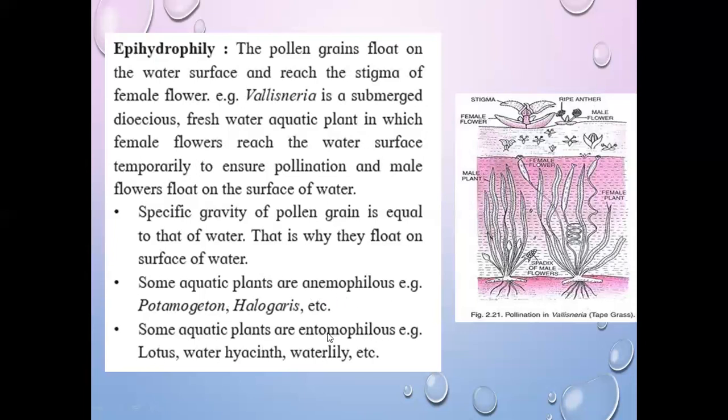And some aquatic plants are entomophilous, means these aquatic plants are also epihydrophilous, and the pollination takes place by the agency of insects. Okay, for example, lotus, water hyacinth, water lily, etc. You know that lotus, water hyacinth means pistia like plants, and water lily.